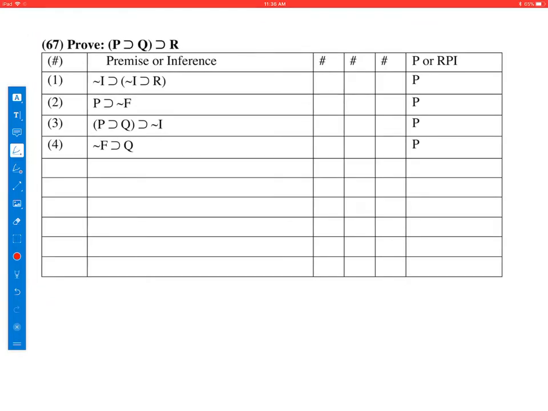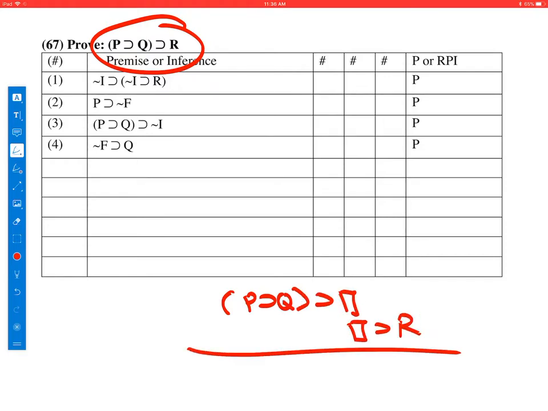All right. Here we are. We have to prove a giant conditional. I don't see anything that looks like it in the premises or its opposite, so I'm thinking go get P then Q, then blank and blank then R, put them together by hypothetical syllogism, and you'll be done.